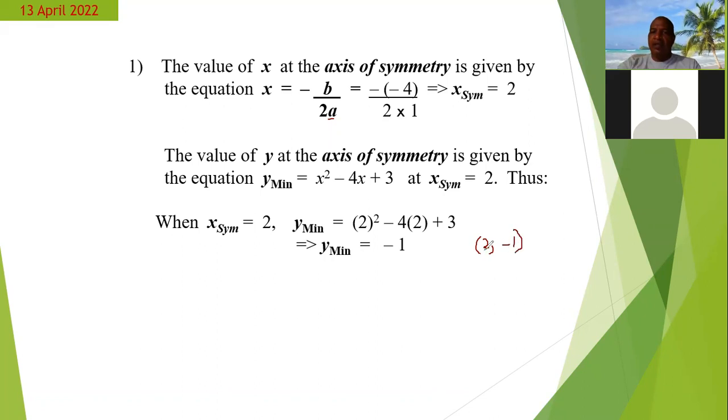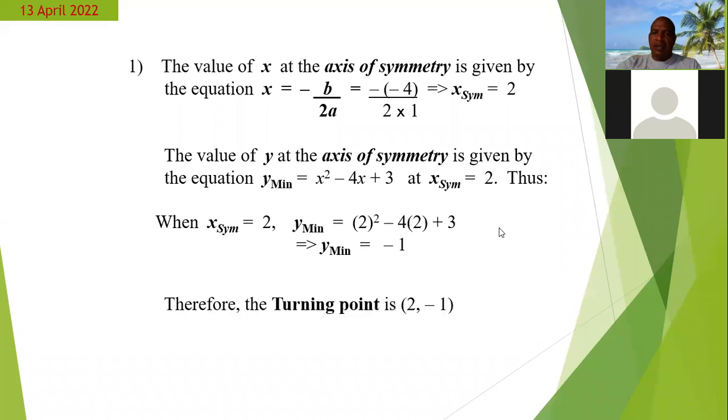So the turning point would be x equal to 2 and y equal to -1. All right, now that point we need to find on our graph when we sketch our curve. So the turning point is (2, -1).